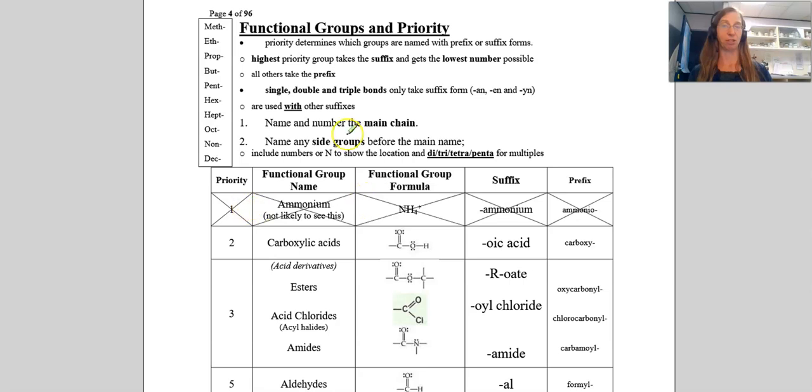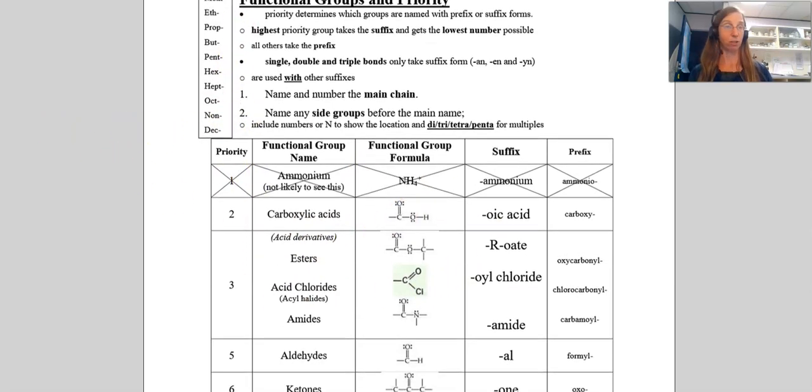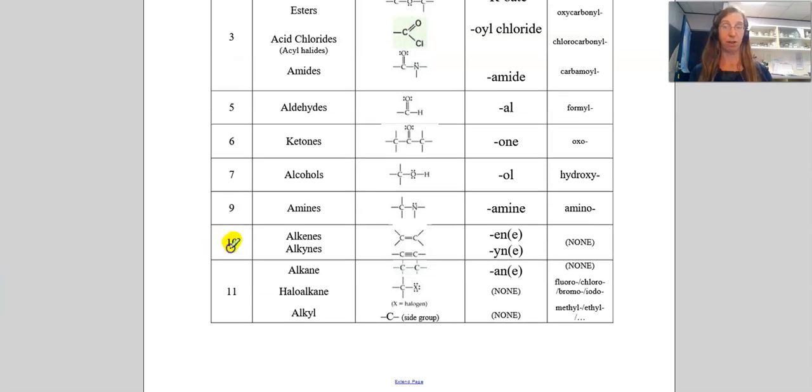Just to mention, this page here gives you examples of all the functional groups we're going to learn this year. Although today we'll just be seeing these ones, alkanes, alkenes, and haloalkanes. And this is one of the side groups, alkyl. They're lowest priority.